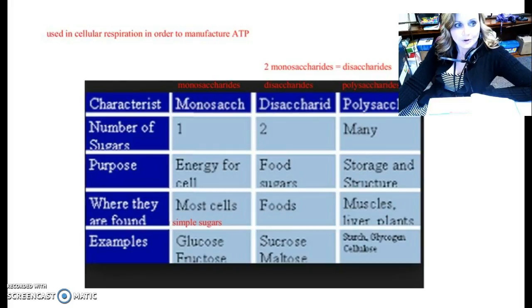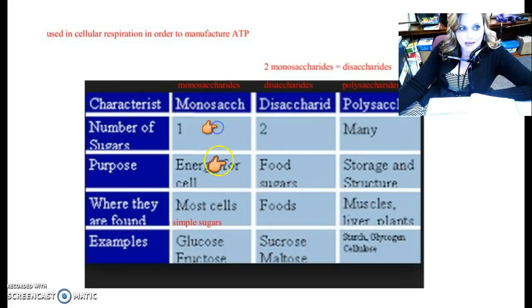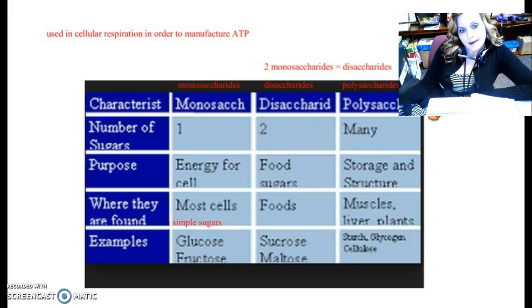Okay, and of course we have carbohydrates. This is talking of the three types of carbohydrates: monosaccharide, disaccharide, and polysaccharide. Mono meaning one, two for di, many for poly. Doesn't really matter. All it's talking about is whether it's a simple sugar or a complex carbohydrate, right? So here we have glucose, very simple.